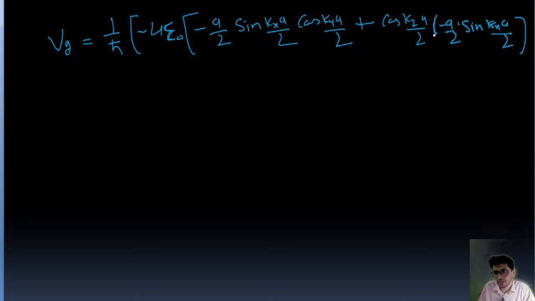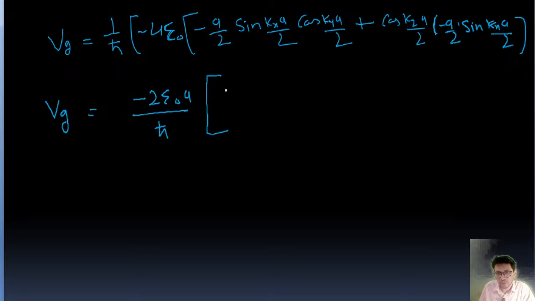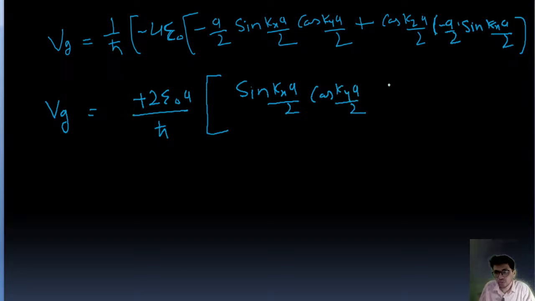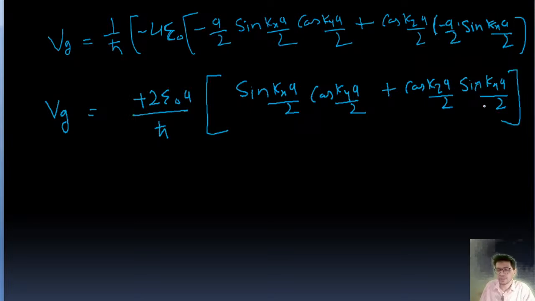This is simple differentiation. So Vg is going to be, taking a by 2 common, the 2 will cancel, minus 2 epsilon 0 a upon h cut, and minus minus becomes plus, so sin kx a by 2 times cos ky a by 2 plus cos kz a by 2.